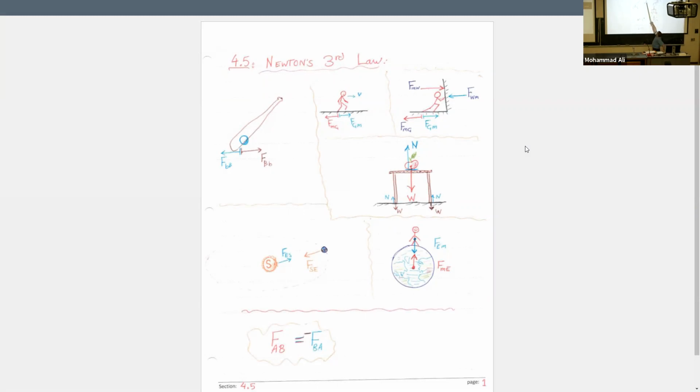As we see here also, in a walking person, there is no walking if we don't have a reaction force, because our legs are pushing the ground backward, and the ground is pushing us forward. If there is no friction force between me and the ground, then I will keep walking in my place.